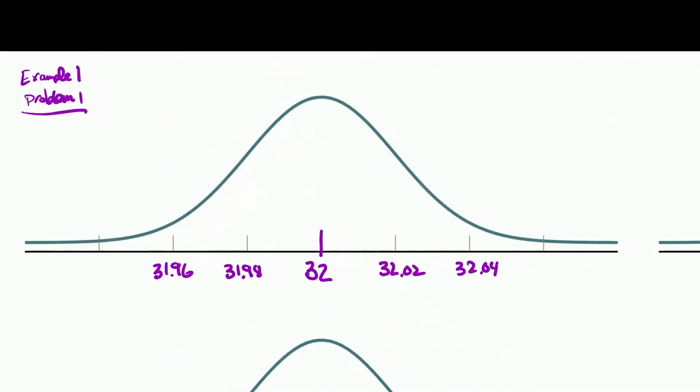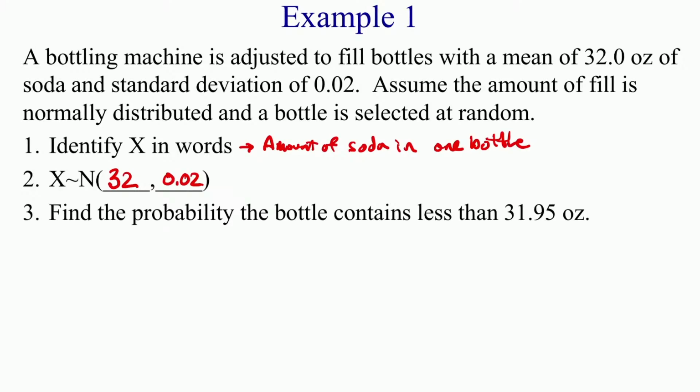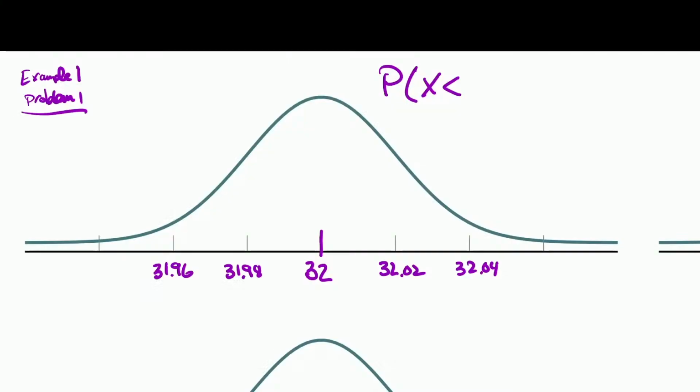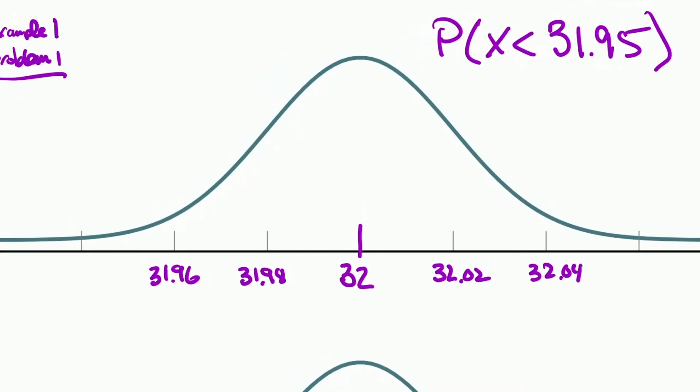Okay, so here's what we're going to do with this one. I'm interested in the probability that my bottle is less than, what was it? 31.95. So this is the problem that I'm trying to solve here. What is the probability that my bottle is less than 31.95?